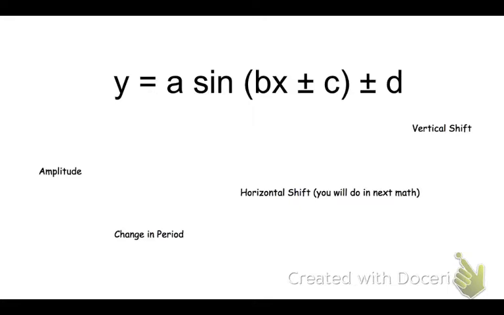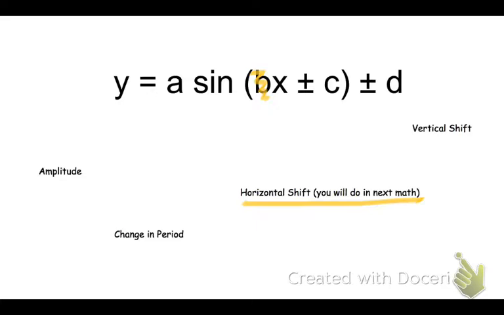The big difference is where the B is located. Notice here, the B is inside the parentheses instead of outside the parentheses. That is going to be a big game changer when it comes to our horizontal shift, which is what we'll do in our next math class. But I do want to go ahead and bring it to your attention.